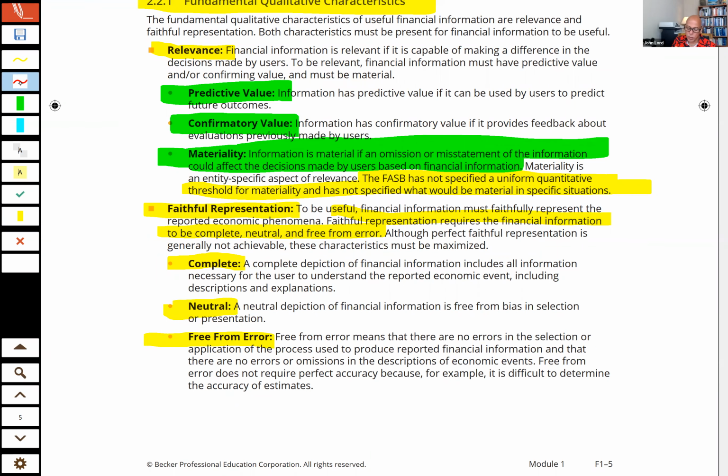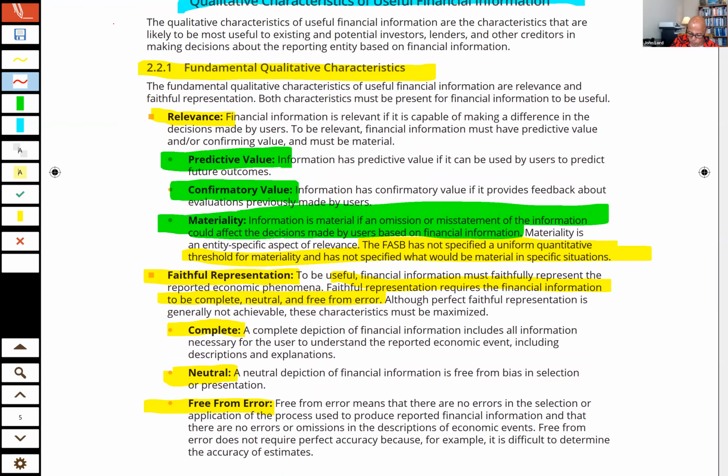Okay. Now, when you look at these fundamental qualitative characteristics, which are relevance and faithful representation, there are two of them, right? And then we have ingredients. So what I want you to do is flashcard the ingredients that are contemplated under each one of these fundamental characteristics.